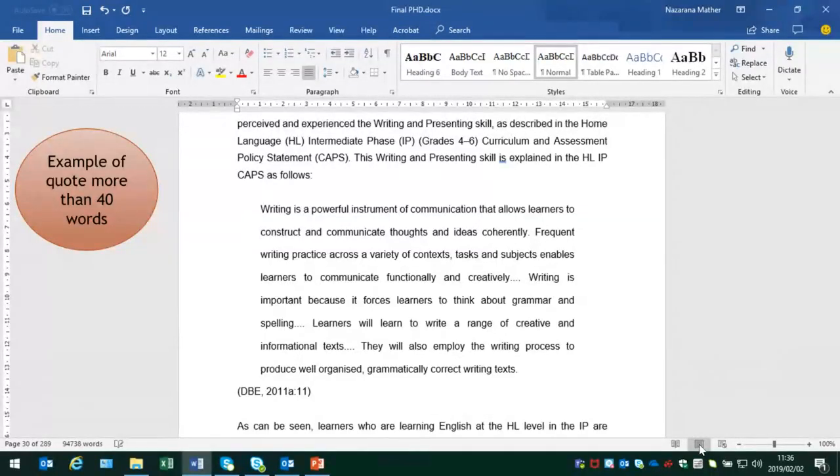Maybe the author wrote a textbook and a journal article in the same year, and you want to refer to both in your submission. So you will label one A and one B. Then in your bibliography, you will provide the full information of each source following the A-B convention.